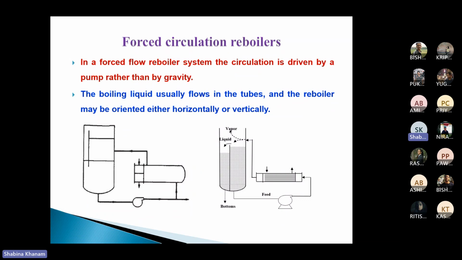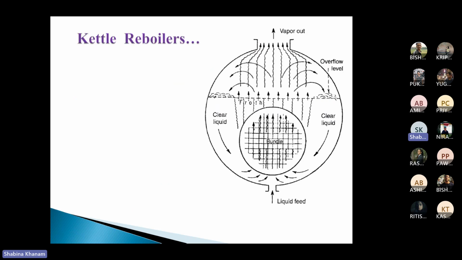So all these will be handled by forced circulation reboiler. Now, we have already seen all three types of reboiler, their working and all. So we will proceed to the design of reboilers. We will start with the design of kettle reboiler.